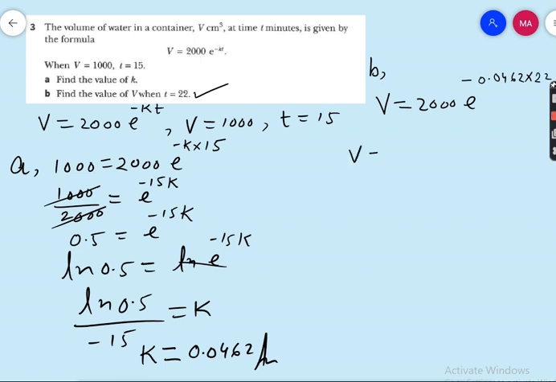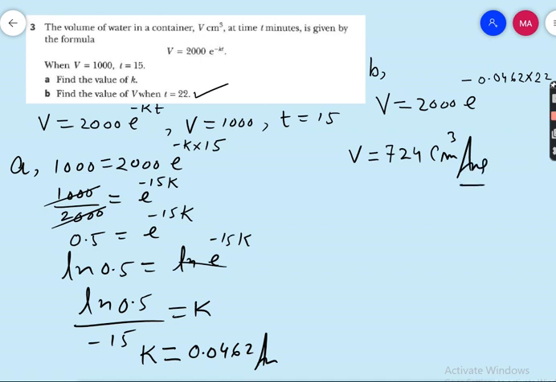Again use the calculator to find the whole answer in a single step: 2000 multiplied by, press shift, then ln e, then minus 0.0462 multiplied by 22. The answer is 723.79, and if you round this off you will get 724 centimeter cube. This is the answer of part B.